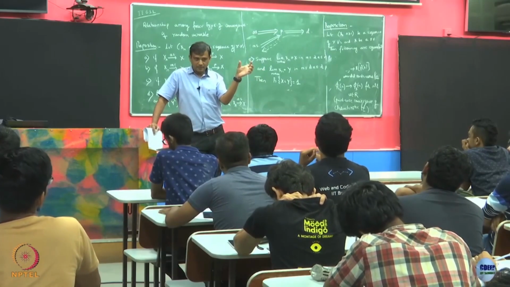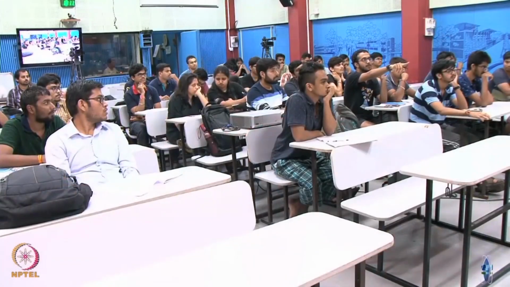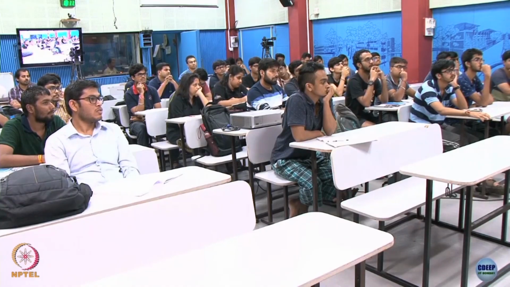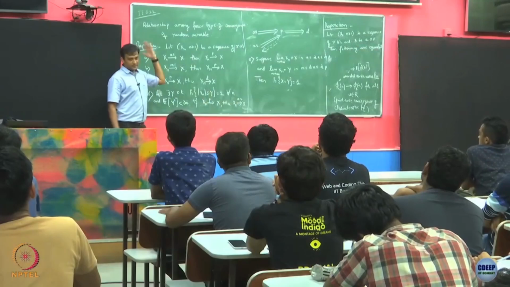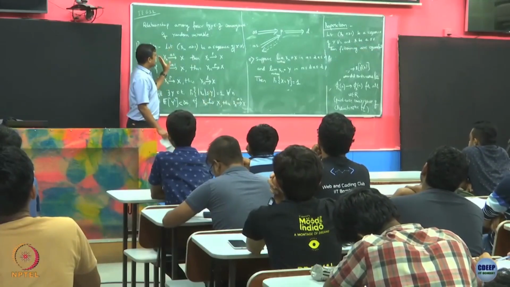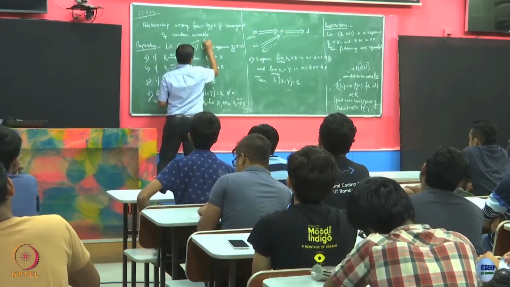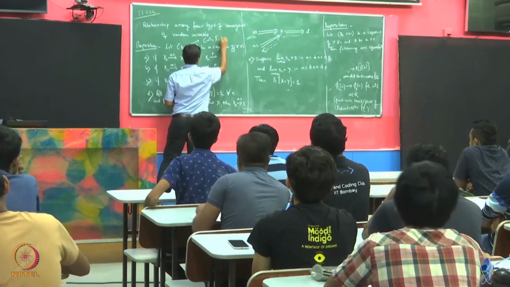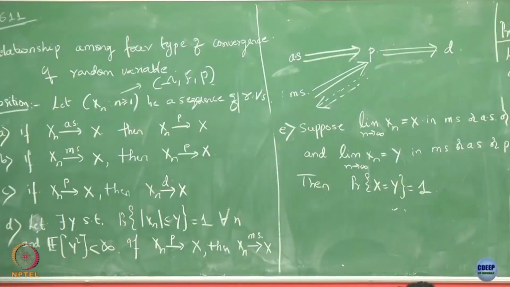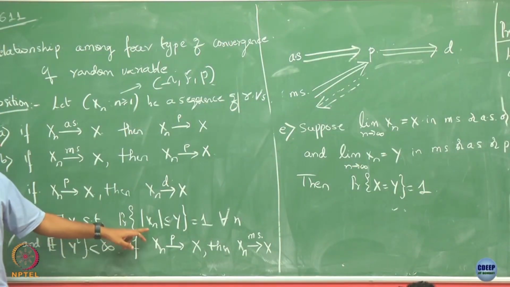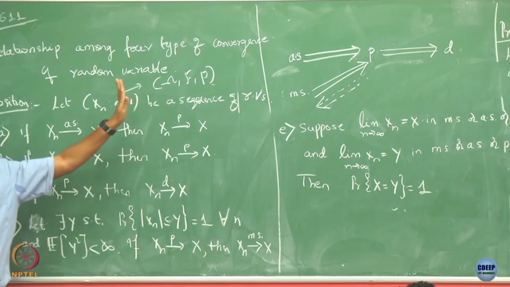Those are specific examples. You can take a sequence of random variables, all defined on some probability space. On this probability space we are defining everything. These Xn's are all defined on this.